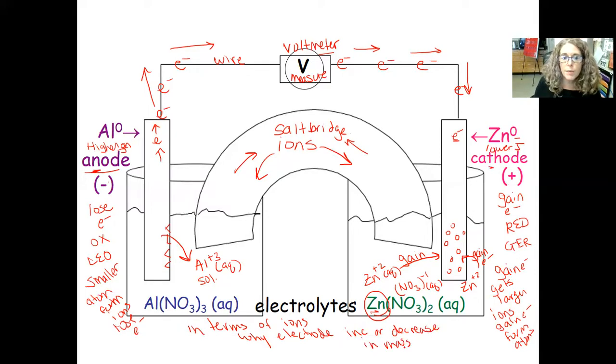So you have to say something about ions and atoms, because you have to say both words if it says in terms of. So in terms of ions and atoms, the aluminum loses, the atoms form ions by losing electrons. And now over here, it's going to be the complete opposite. We're going to have ions gain electrons and form atoms.